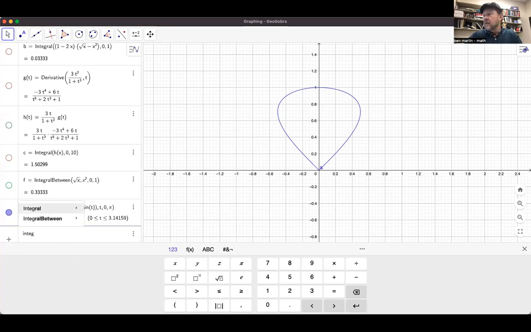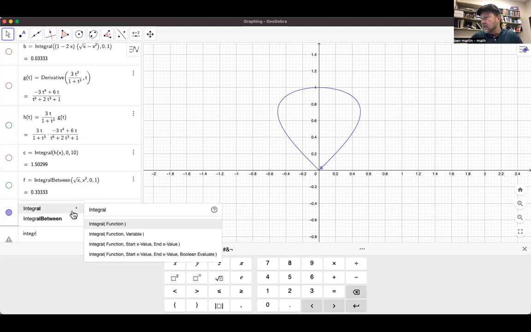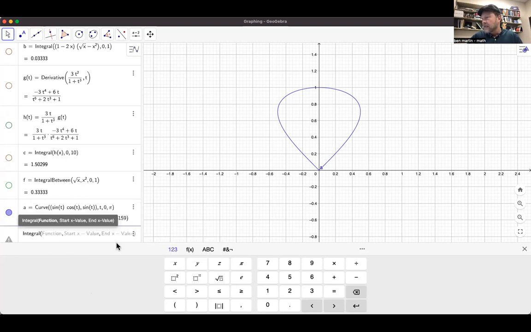So we said it was the integral of a function with variable start x and start y. It's going to insist that I use x's, which is fine. We're going to have sine of x, cosine of x, and then another cosine of x, and the x's go 0 to pi.